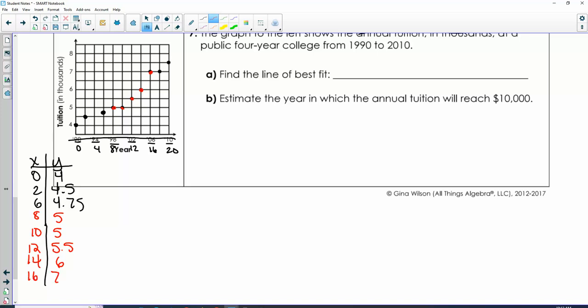16, we're at 7. 18, we're at 7. And 20, we're at 7.5. So I gave you all the same things, it was just in a different format. I gave you the picture instead of the table.